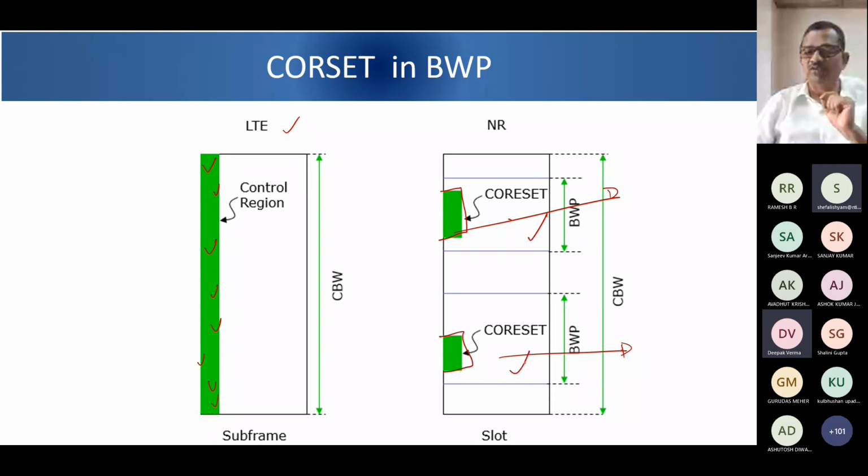Here I can use a different numerology. Today I am using OFDMA. Tomorrow I can use NOMA here and continue OFDM here. That's why we call it a future compatible technology. 5G is also said to be future compatible. So the way they have designed it, it is future compatible and new innovation can be accommodated and switchover is possible very smoothly.